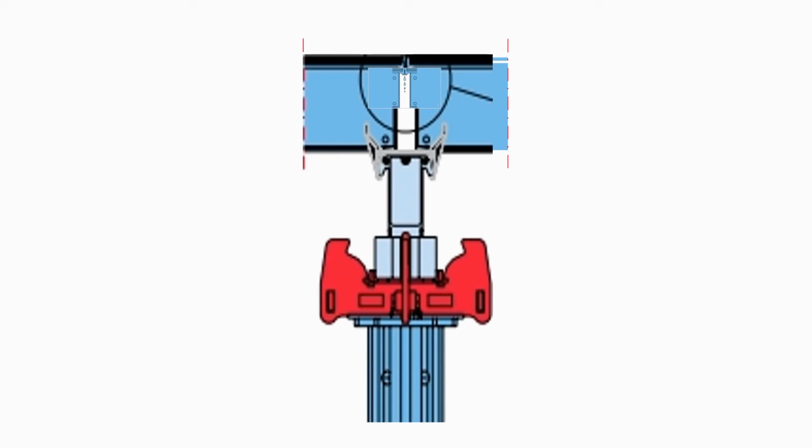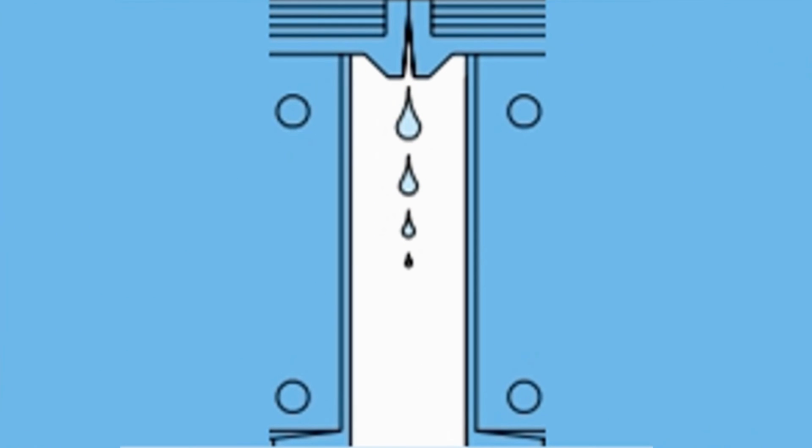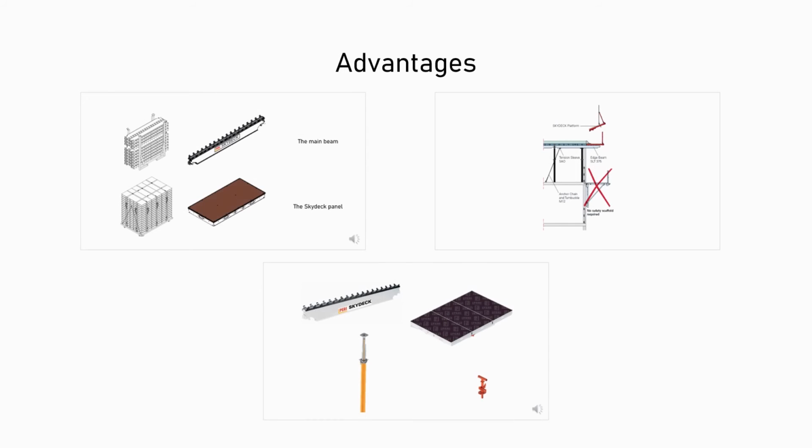Skydeck panels and main beams have self-draining edges as well as undercut panel edges. As a result, the side areas of the panels remain significantly cleaner than in other systems. This shows the detailed description of the self-draining edges, which guarantees only a minimum of soiling on the side areas of the panels. These were the 3 major advantages for the Absolute World Towers.